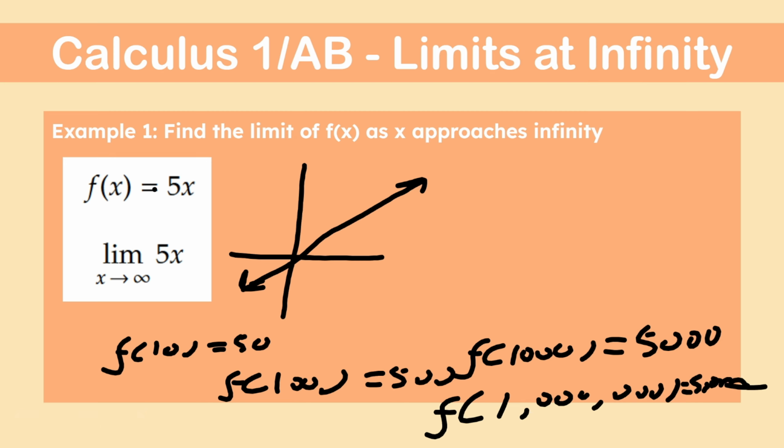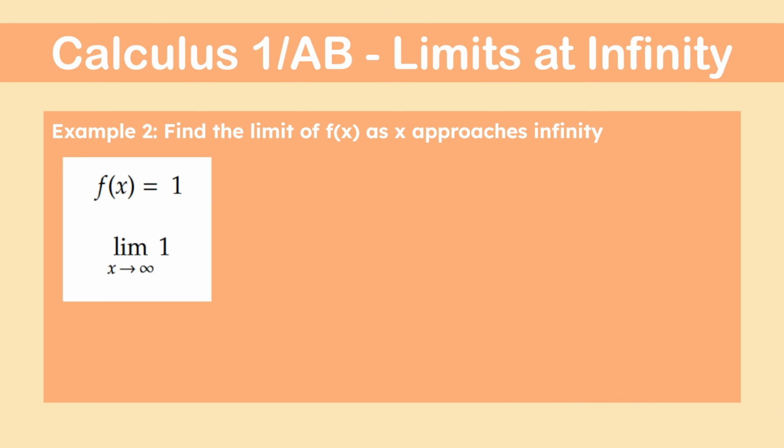As you plug in larger and larger values of x, the function will approach infinity. So the limit here is equal to positive infinity because it's constantly growing as you increase the x inputted into it.